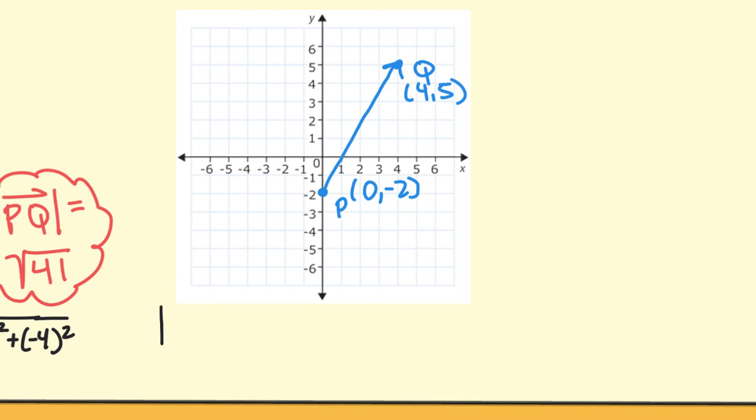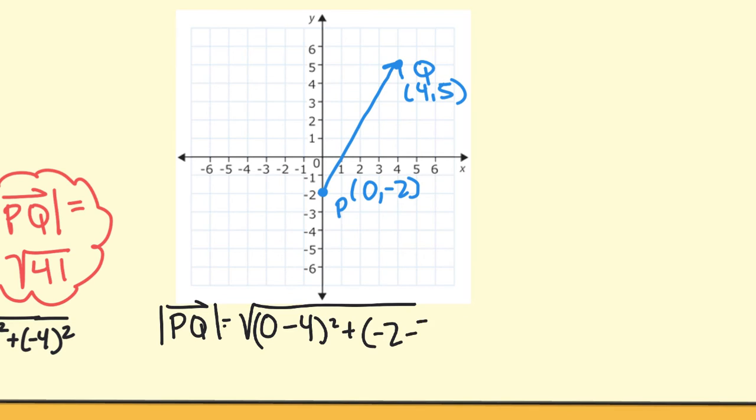So this is going to be the magnitude of PQ equals the square root of 0 minus 4 squared plus -2 minus 5 squared. So that will become -4 squared, which is 16, and then -2 minus 5 is -7. -7 squared is 49.